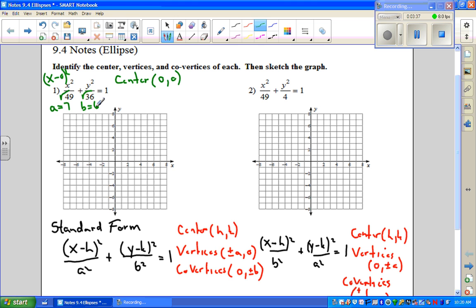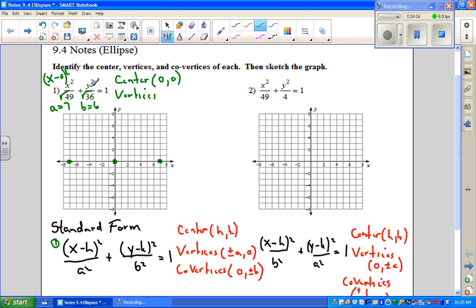Now, according to this one right here, my a value is 7. It goes with this standard form right here, standard form number 1. So let's identify what my vertices are. For my vertices, you start at the center. If your a value is 7 and it's right here underneath your x, I would go 7 to the right, and I would also go 7 to the left.